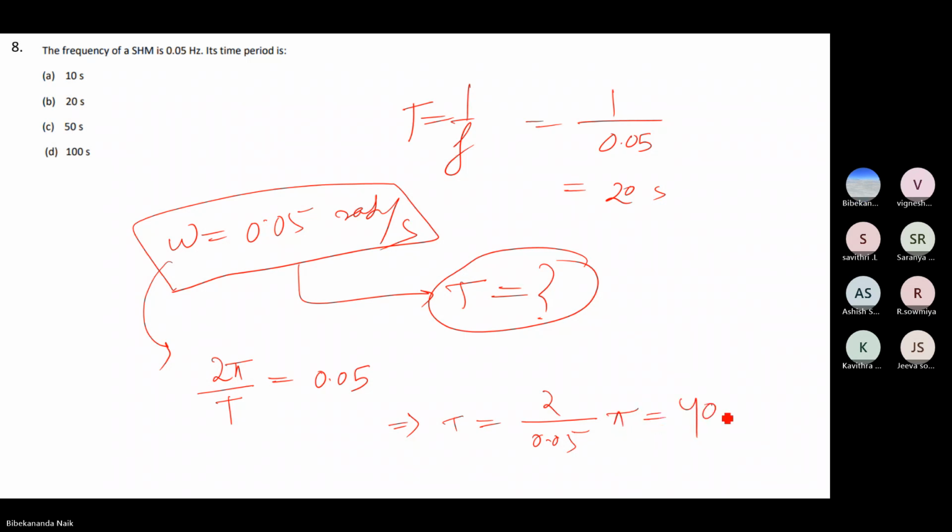It will be 40 pi, or 40 into 3.142 second. Since it is time, it will always be in second. 40 pi second.